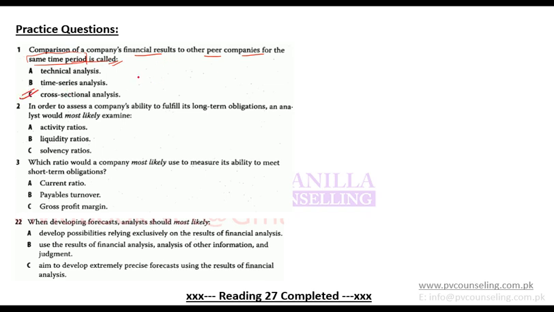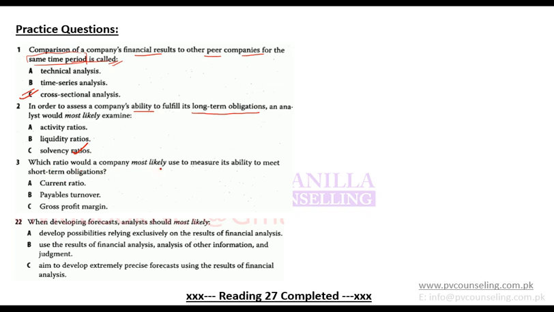Time series is over a specific period of time. In order to assess a company's ability to fulfill its long-term obligation, what should an analyst look at? Solvency. And for short term, it should be liquidity. And for efficiency or payment of receivables or payment to suppliers, it is activity.